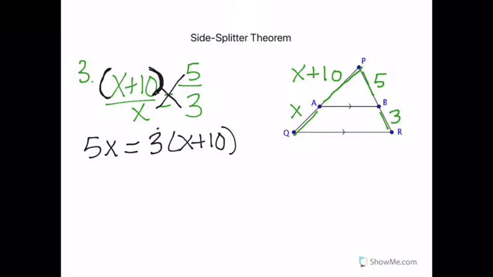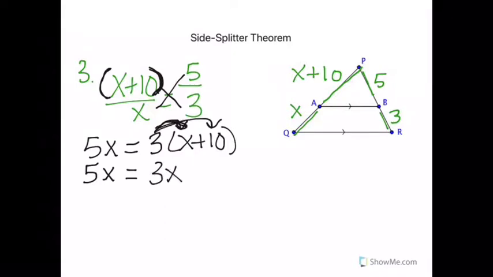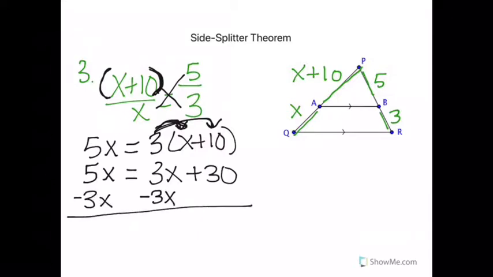Now to solve this problem, my first step is going to be to distribute the 3 to both the x and the 10. I'm going to bring down that 5x, bring down that equal sign. When I distribute, that means multiplication. 3 times x is 3x. 3 times 10 is 30. I have x's on both sides, so I'm going to fix that by subtracting that 3x from both sides to move it over to the left. 5x minus 3x is 2x.